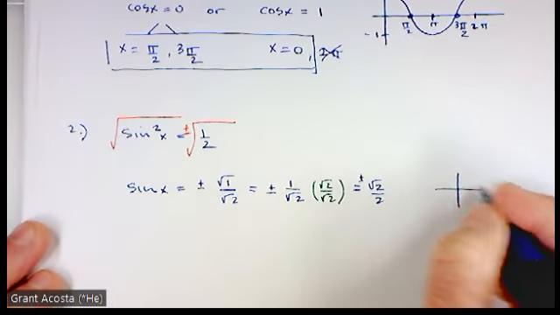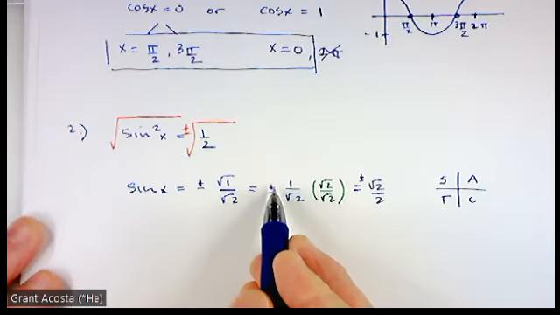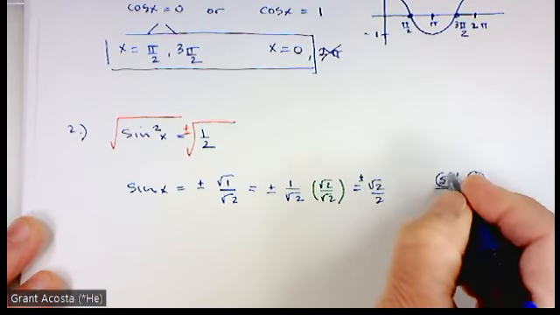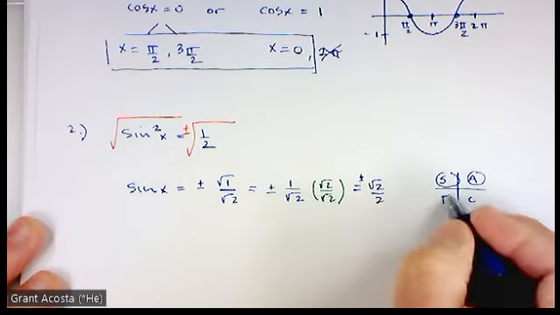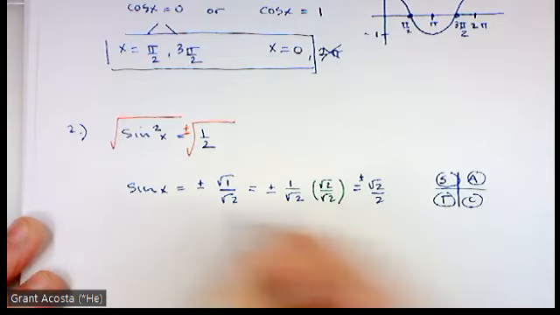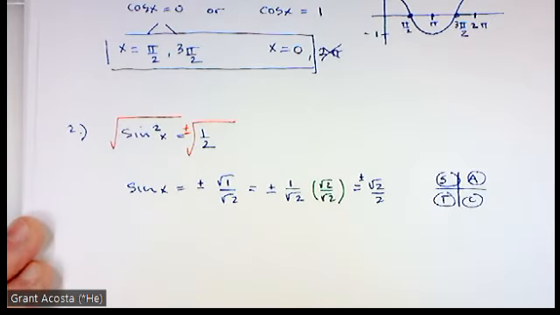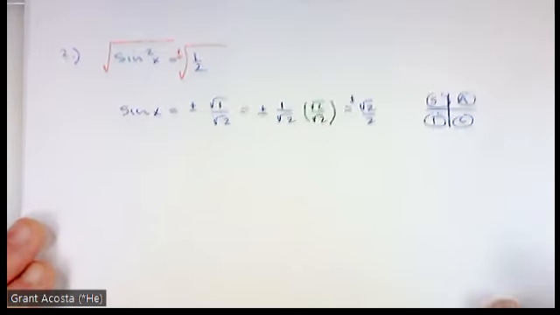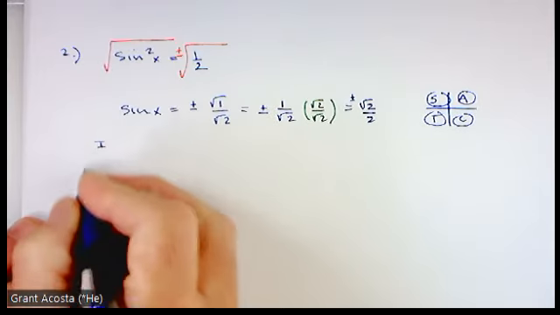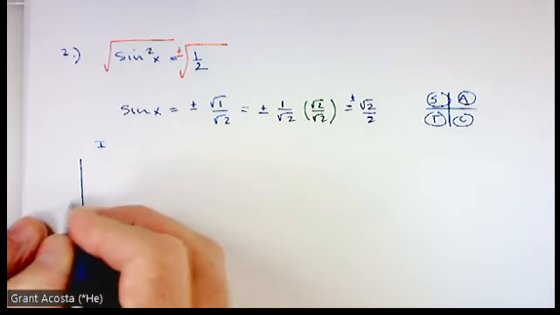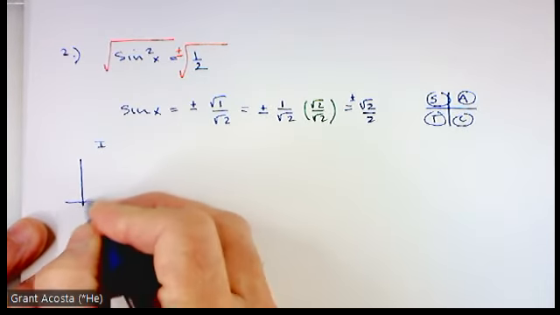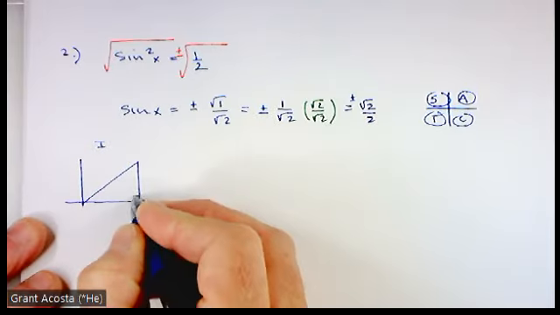According to All Students Take Calculus, cosine could be positive in the first and second quadrants, and it could be negative in the third and the fourth quadrants. So we are going to get 4 answers, 1 in each quadrant. So we'll just go in order. In quadrant 1, you have a triangle here.